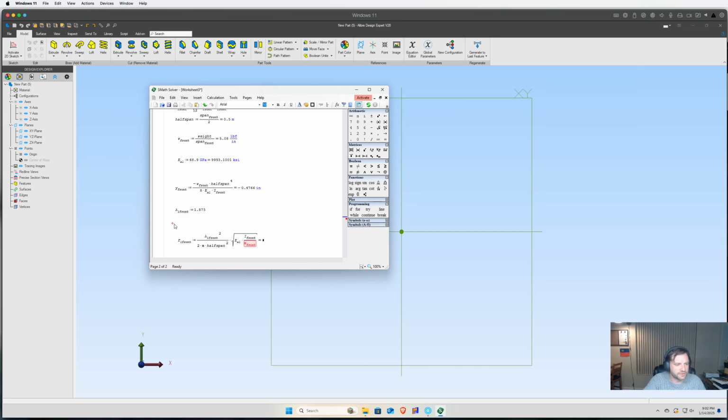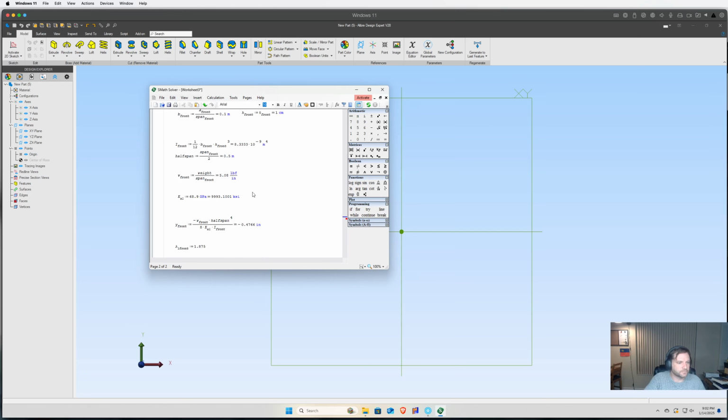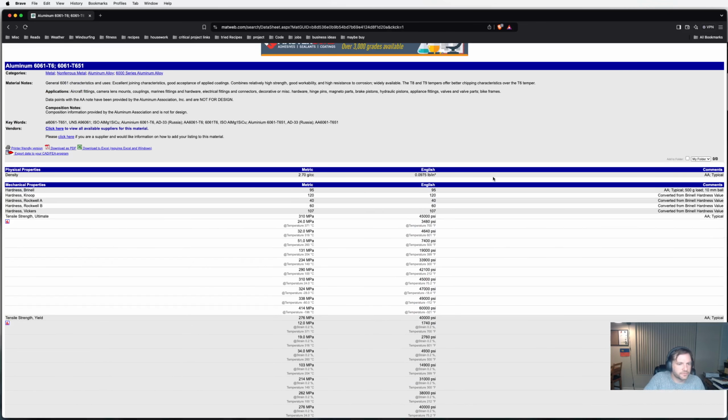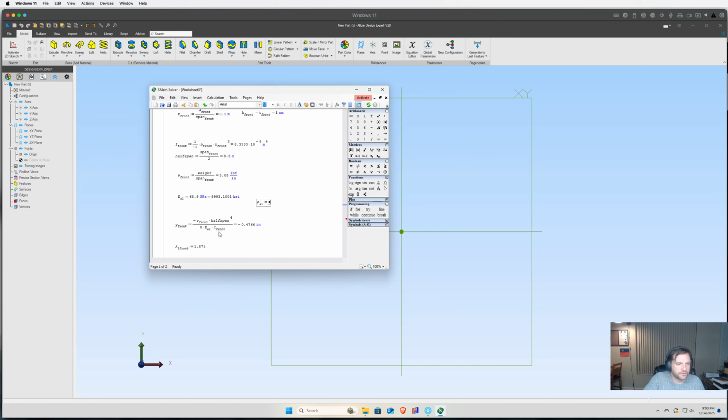And M is simply the mass per unit length of the beam. For that, I need to know what the density of aluminum is. So, density of aluminum, I can go back to the website here. And where did we define density? Boom. So 2.7 grams per cubic centimeter.